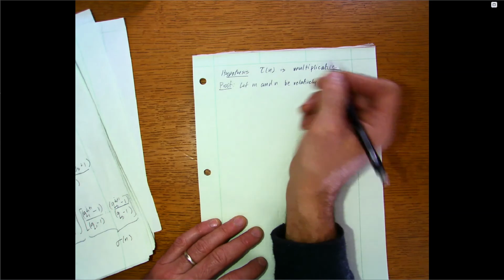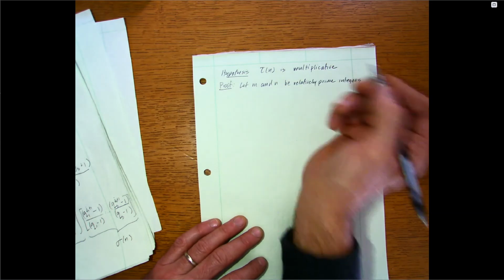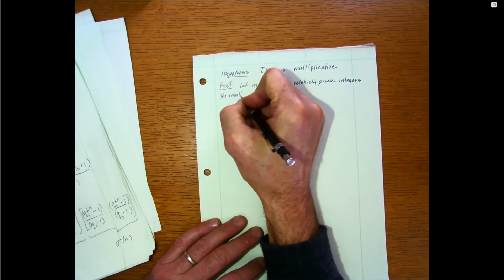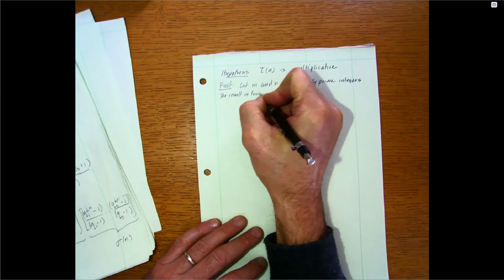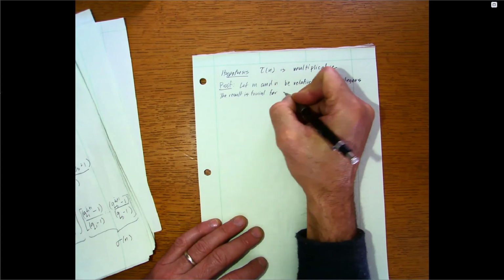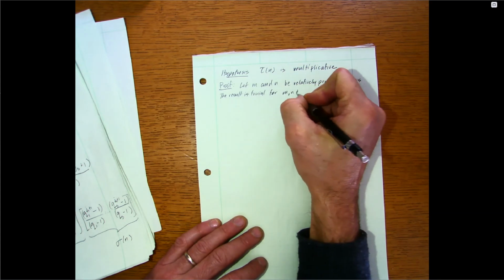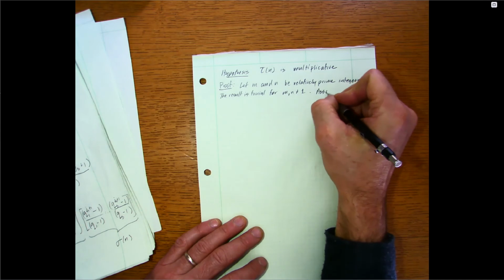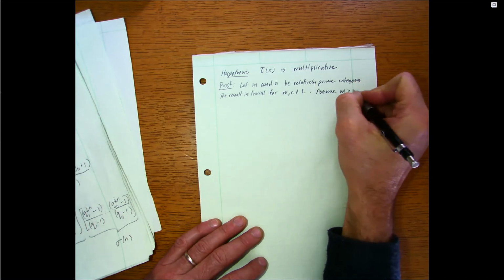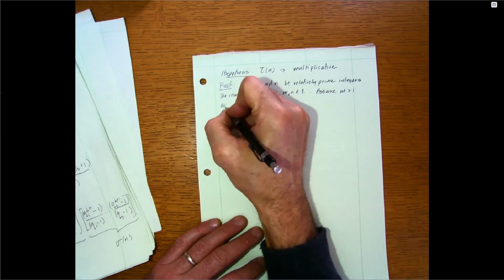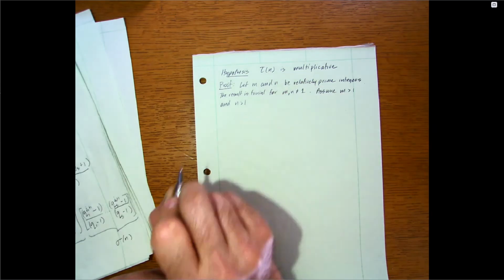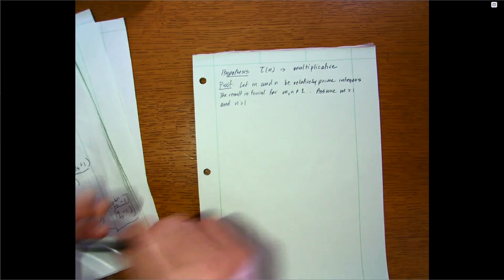And then, if either m or n is 1, then the result is trivial, for mn equal to 1. So assume that m is greater than 1 and n is greater than 1. So then what do we have?